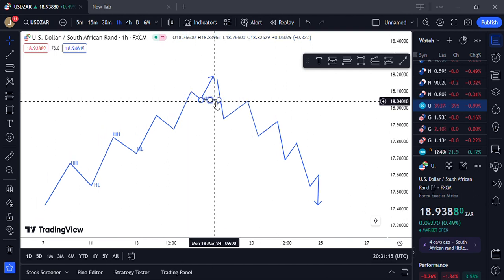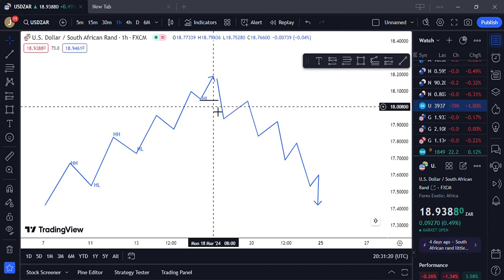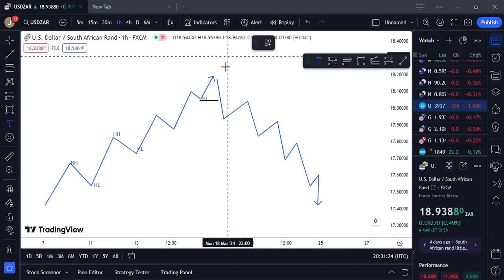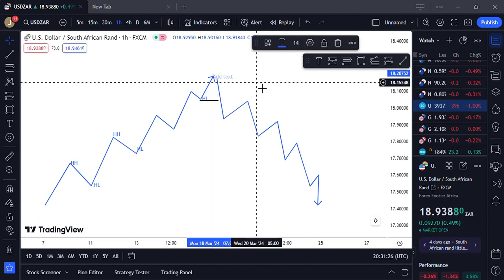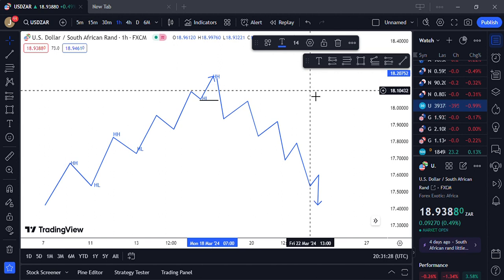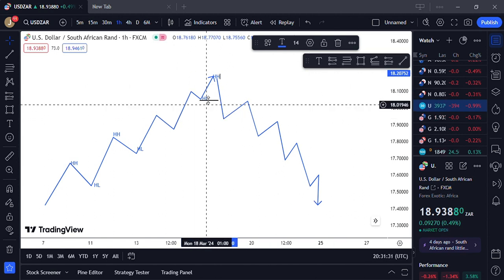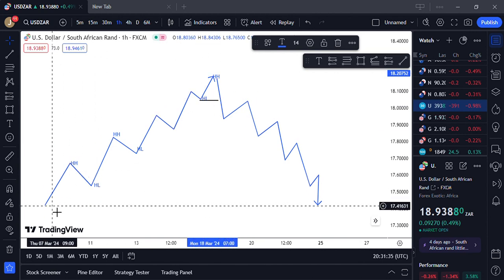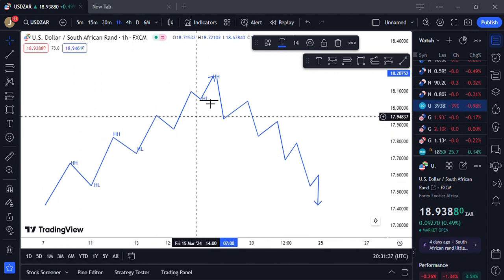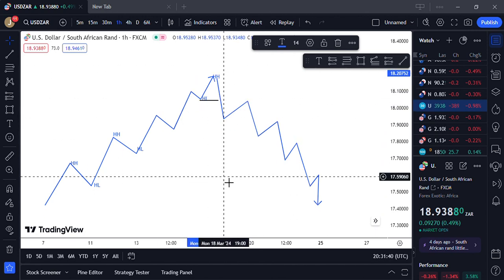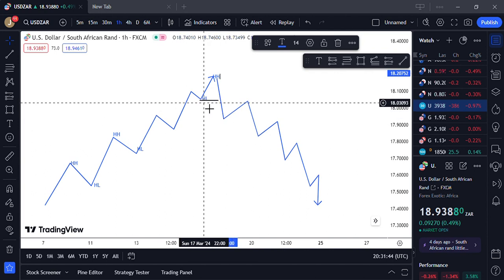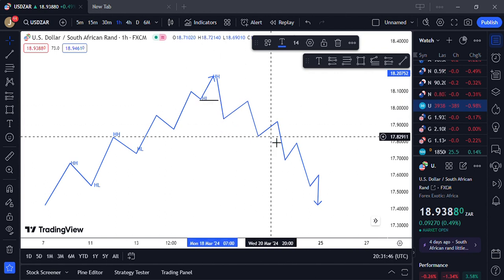When price passes this higher low, then you can start saying it's a downtrend. This is still a higher high. When price gets here and passes this higher low, remember it was going up like this, sharp. Now when price passes this higher low here, we can start saying it's a downtrend.